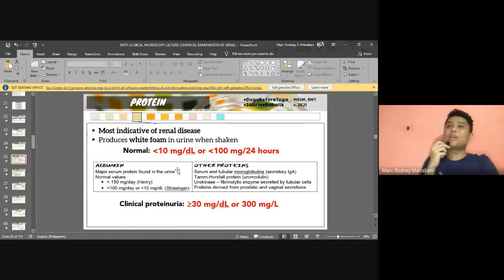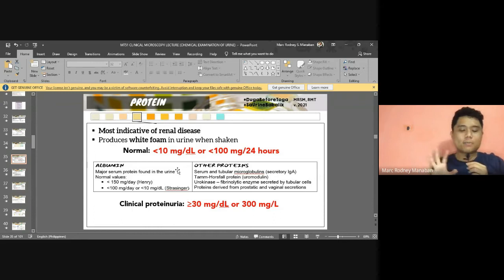And of course, not only proteins derived from the kidneys themselves or from the serum or plasma in the body, there are also proteins that are secreted by the vagina or prostate that can also be introduced in urine. So there are many possible proteins that can be included. But among them, the most clinically significant, the major protein that could indicate a renal disease is your albumin.